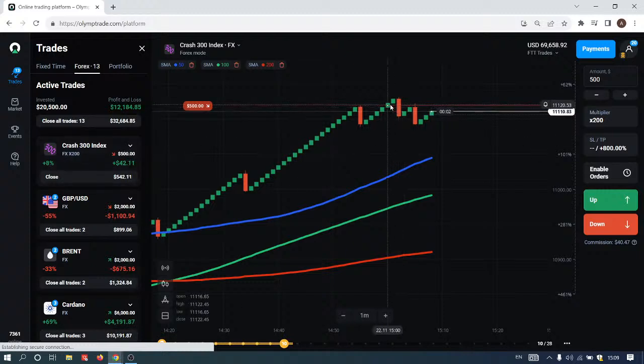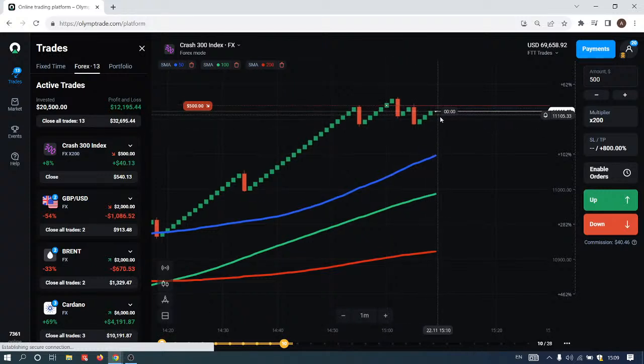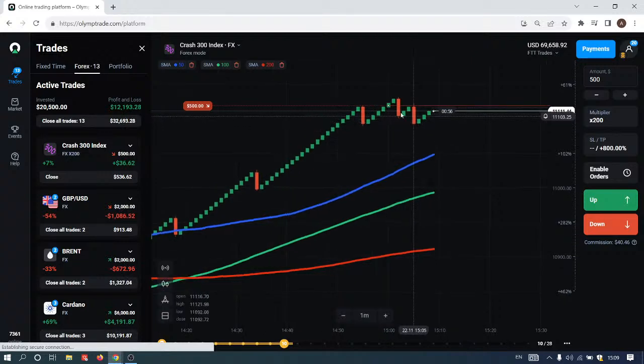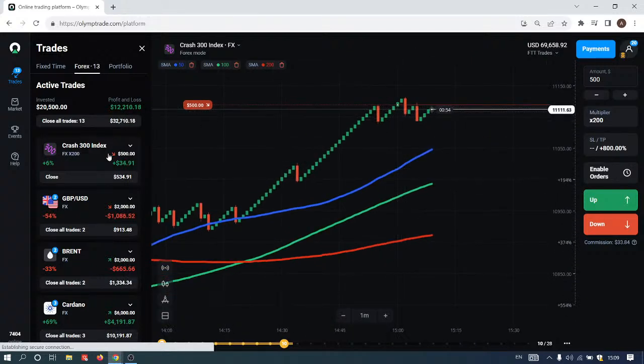I'll be holding on to this trade, and I do not want to close it, right? And if I lose this trade, then I will re-enter, and maybe I can even apply the loss compensation system, or martingale, in my next trade.